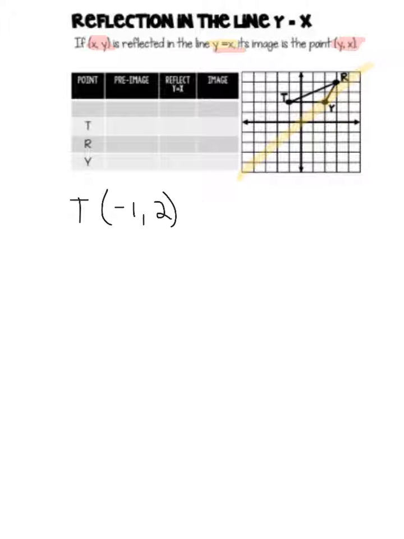So the x and the y, their positions in that coordinate, they just flip. So our rule is (x, y) goes to (y, x). So T prime becomes (2, -1). Okay, let's plot this. 1, 2, -1, and there's point T prime.